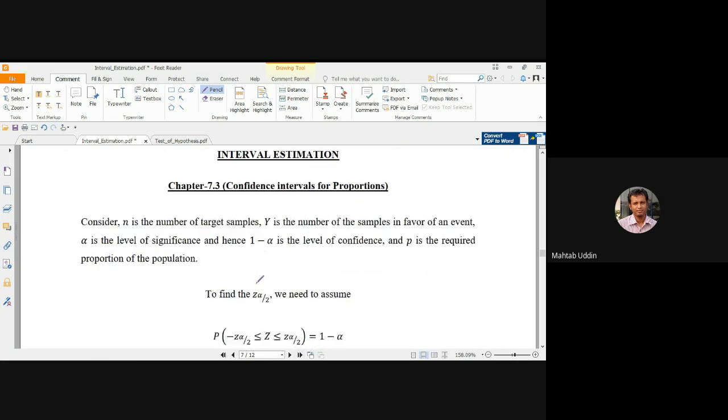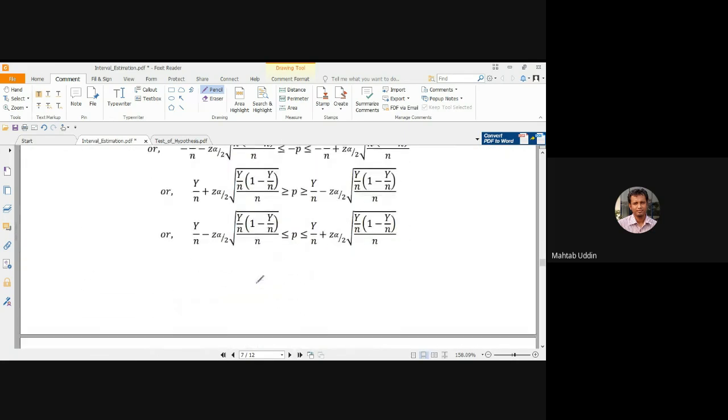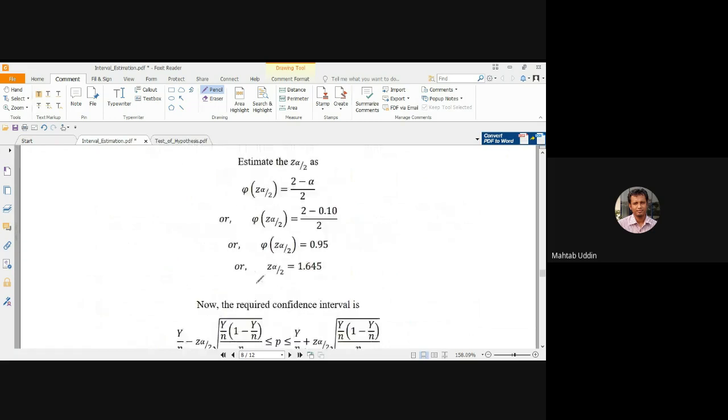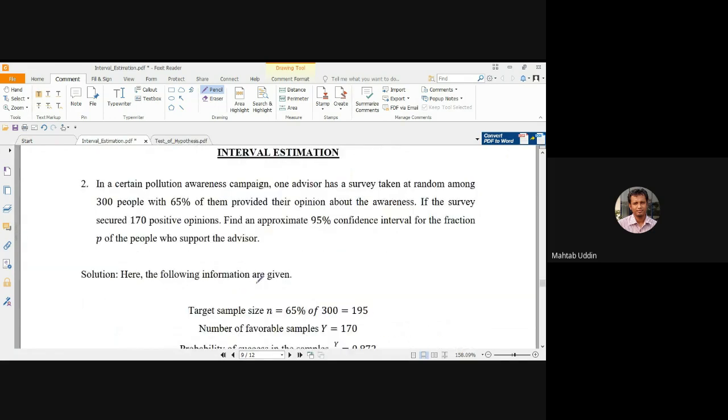Now we are going for confidence interval for proportion or percentage. Read the question. What can you find?